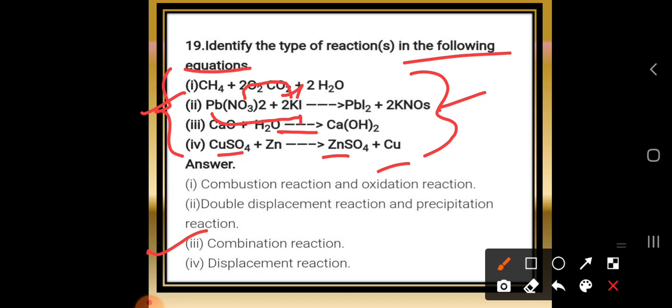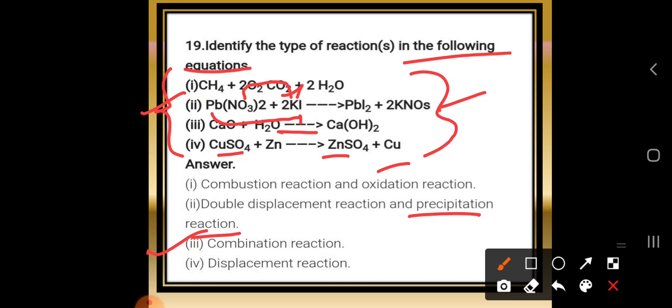It is the double displacement reaction as well as the precipitation reaction. So keep in your mind, what do you mean by the double displacement reaction? That is the precipitation reaction itself. Precipitation means the substance you get is in a curdy form, curdy-like nature, almost semi solid.